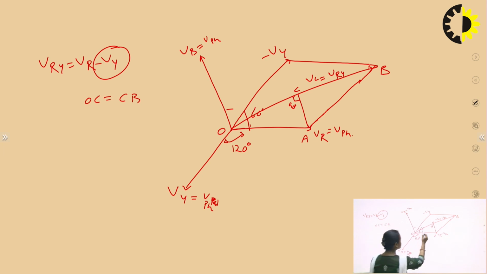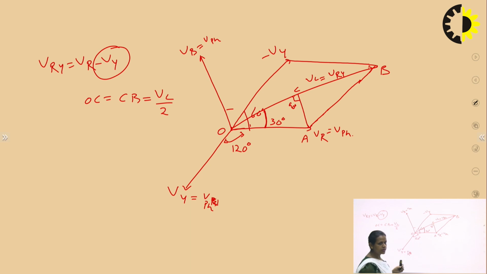Now what will this angle be? This whole angle is 60 degrees, and the diagonal also bisects the angle, so this angle becomes 30 degrees, right? Now OC is equal to CB, and this whole line is VL, so OC is equal to VL by 2.